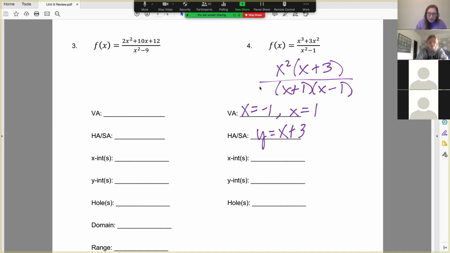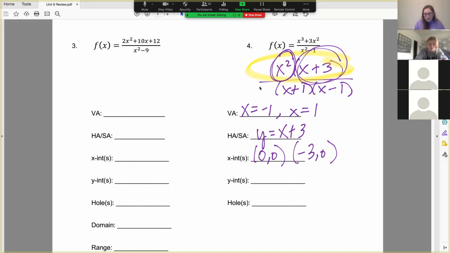My x-intercepts I get by setting the numerator equal to 0. So when I set x squared equal to 0, that's just 0. When I set x plus 3 equal to 0, I get -3, 0 as my x-intercept.